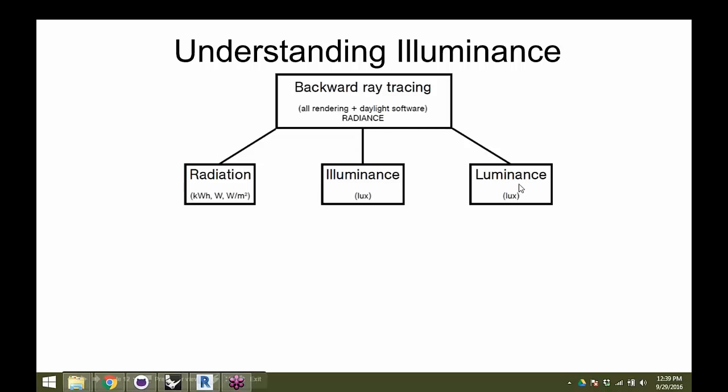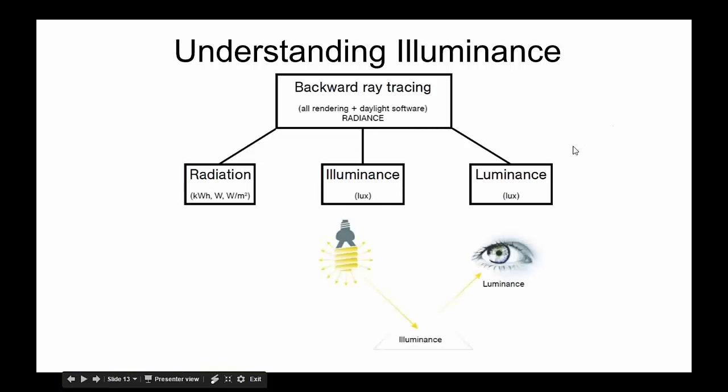But the only key difference here, it's really just a small semantic difference, is that illuminance is measured on the plane that light falls on, like on the desktop. So that is the amount of light that falls onto that desktop. Whereas luminance is the amount of light that is actually getting into our eyes, going through our pupils.